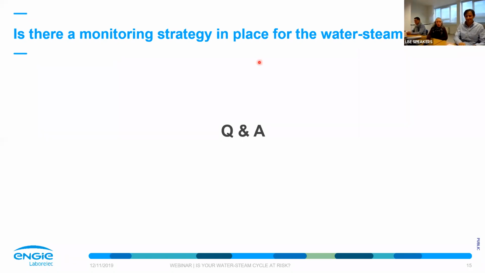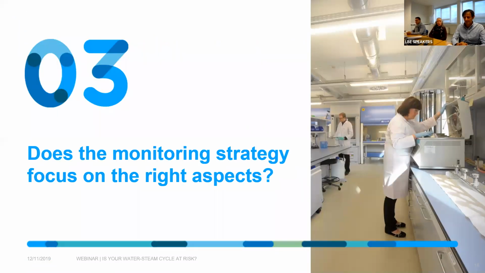And the first question he will answer is, does the monitoring strategy focus on the right aspects? Yes, hello, good morning, everybody. So power plant chemists typically apply standardized monitoring programs that are in fact derived from international standards. Most of those standards are imposed by the EPC contractors.